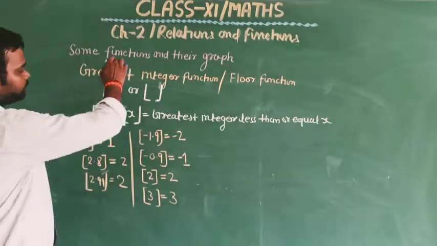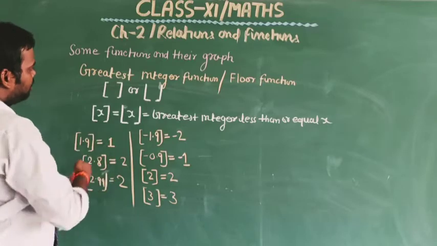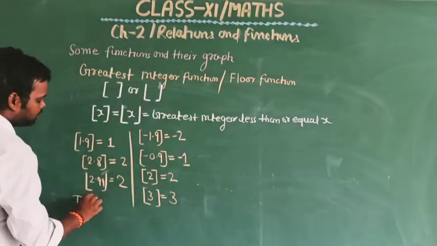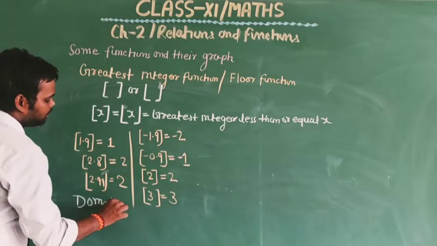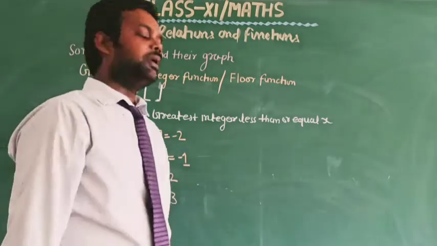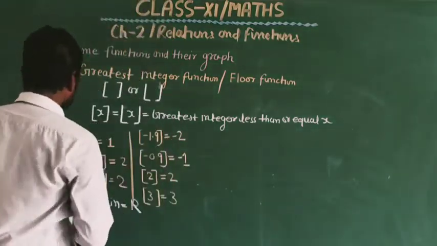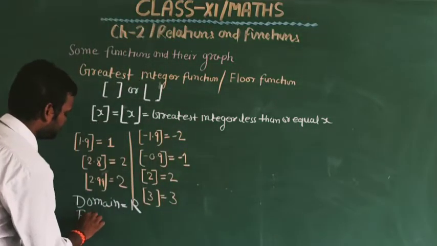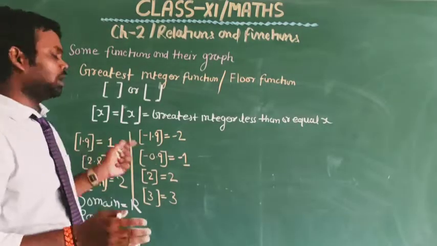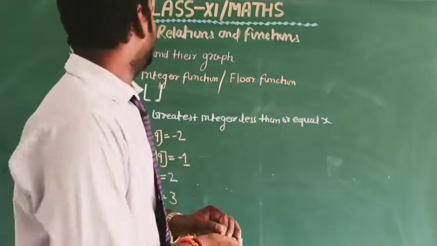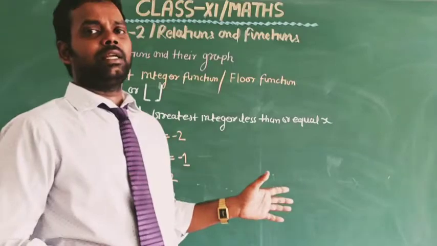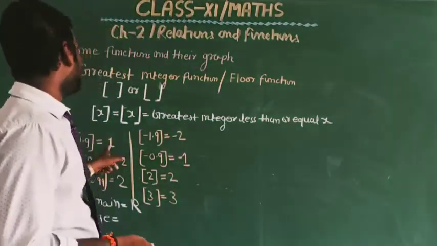The domain of the greatest integer function is all real numbers. Okay, clear? It's all real numbers, but the range is, okay, for any real number, the greatest integer becomes an integer.